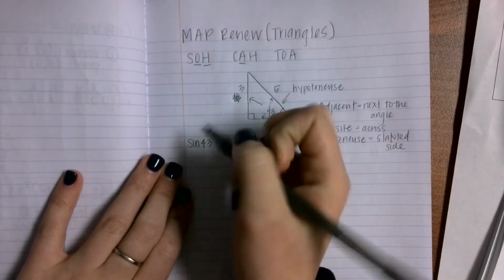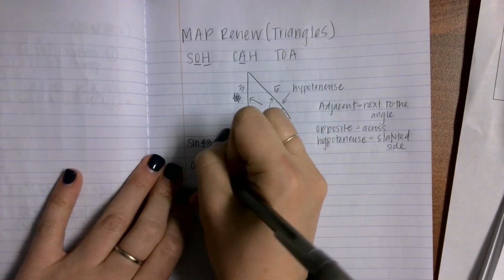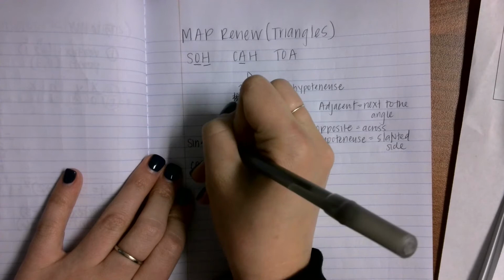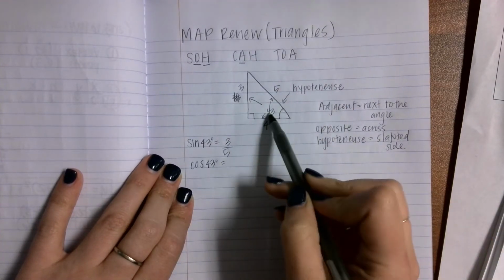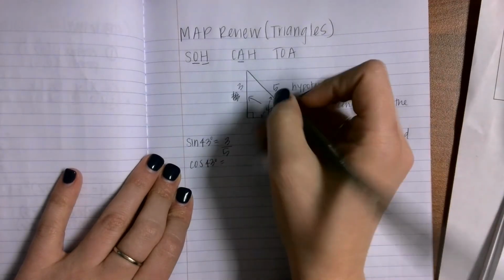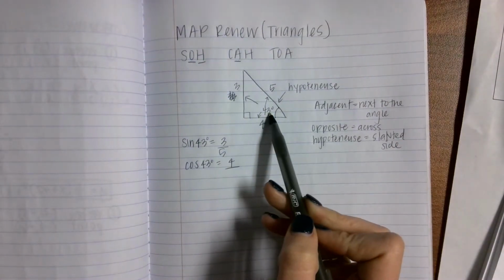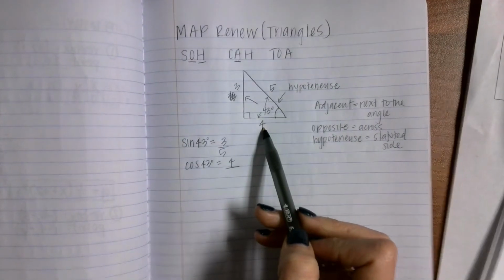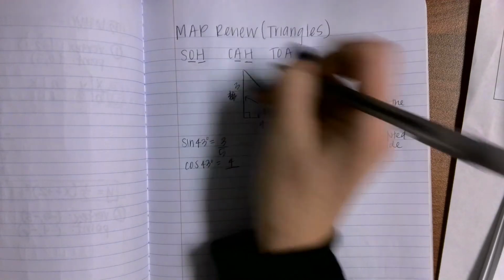The C stands for what's called cosine, or cos. The cosine of your 43 degree angle is, A stands for adjacent. The adjacent angle measure is 4. The angle measure of 43, the side that's adjacent to this, is 4. And H stands for hypotenuse.